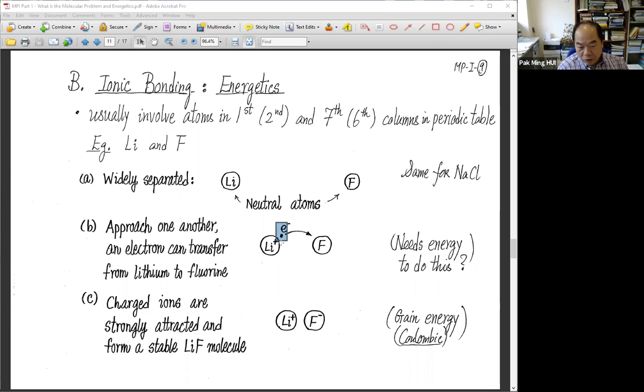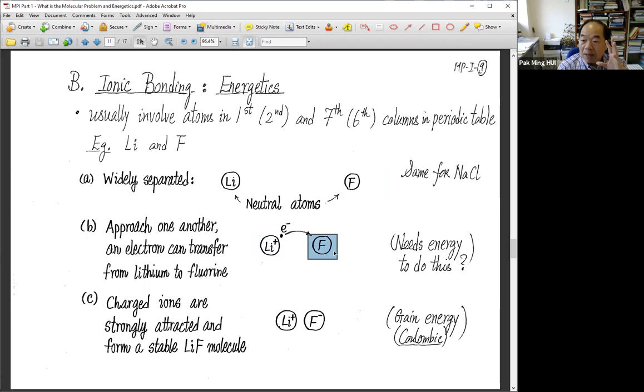So here I give you the first big picture. Neutral atom, you ionize lithium, you need some energy. The electron goes into fluorine, you may be gaining back some electron affinity. Whether the accounting is positive or negative depends on the value. Most of the time, you need a net energy to form the two ions.